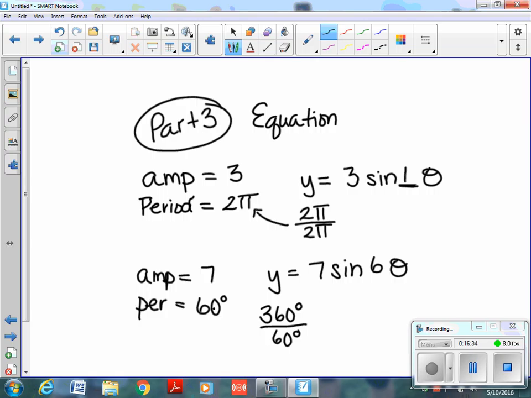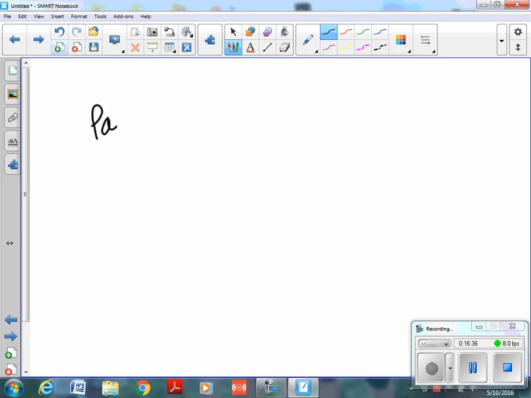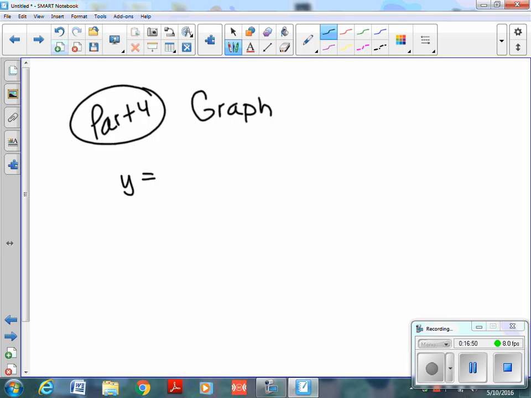Okay, last part, part 4. Now, we're going to learn how to actually graph given an equation. So how do we graph given an equation? So, let's do y equals 4 sine of theta divided by 2.